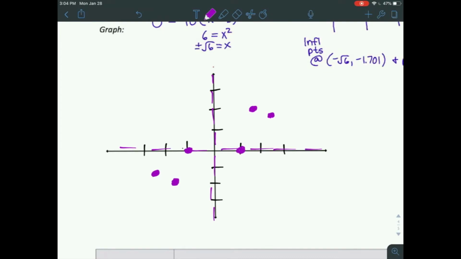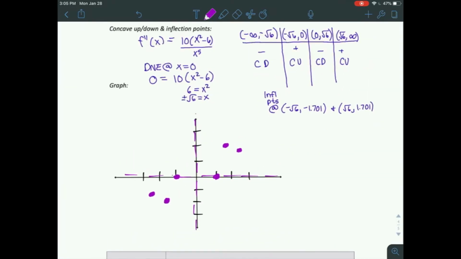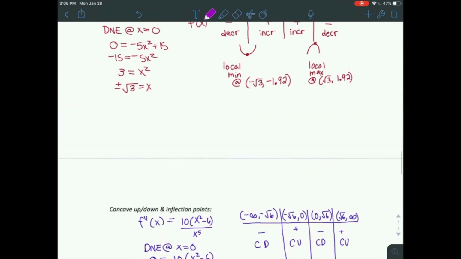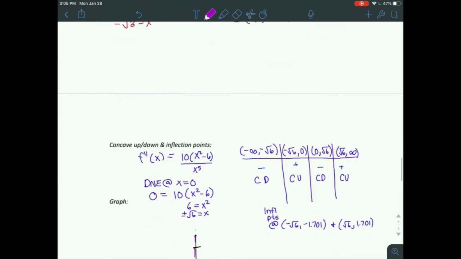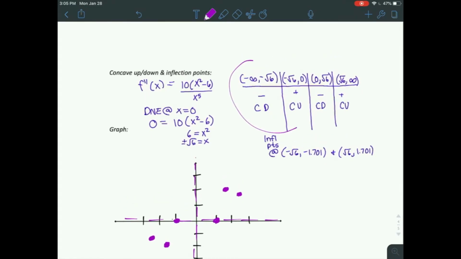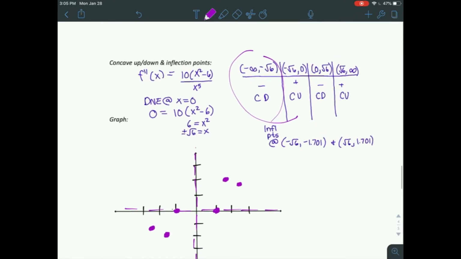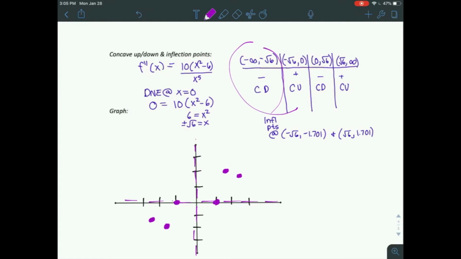Okay, let's look at concavity and increasing, decreasing to see what our ends do here. So on the left side, it's decreasing and concave down until we get to our first point here. Whoops.